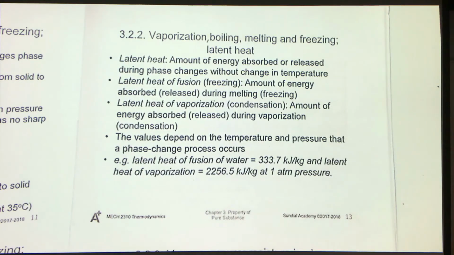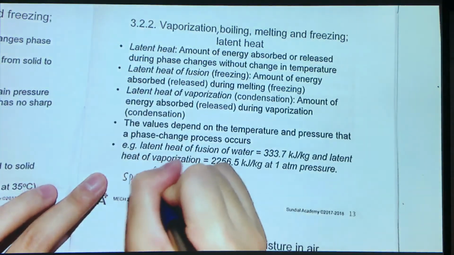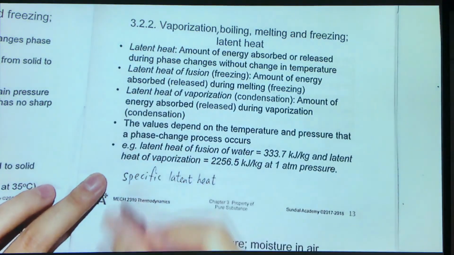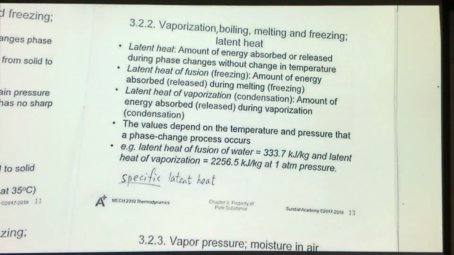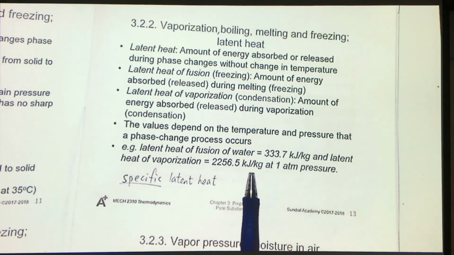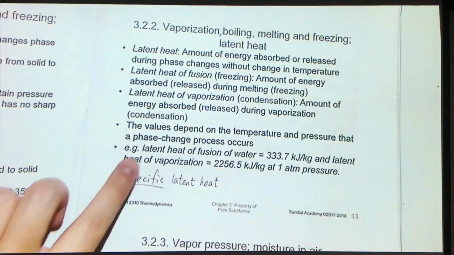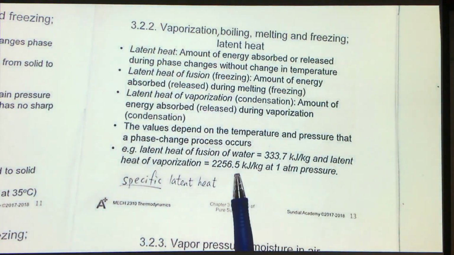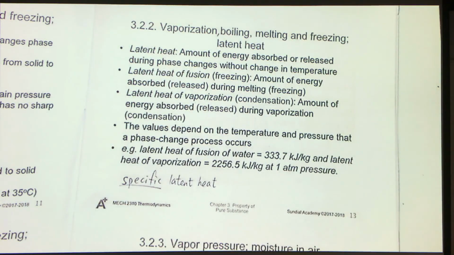Sometimes we also talk about a term called the specific latent heat. Specific means per unit mass. Here we have the terms on a unit mass basis, so actually these two terms should be called the specific latent heat instead of the latent heat.